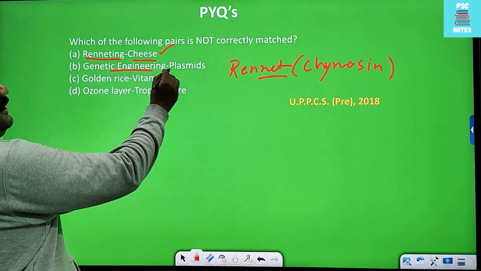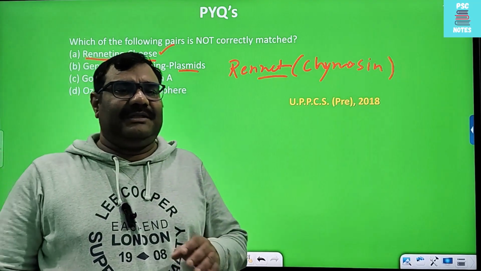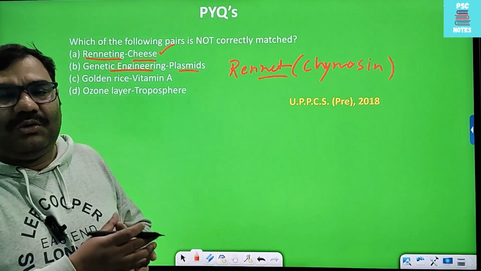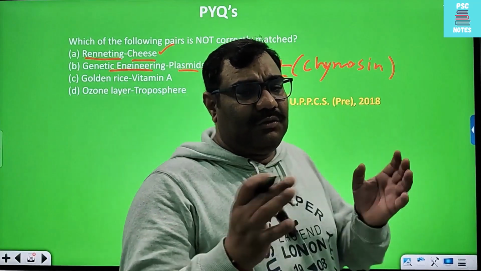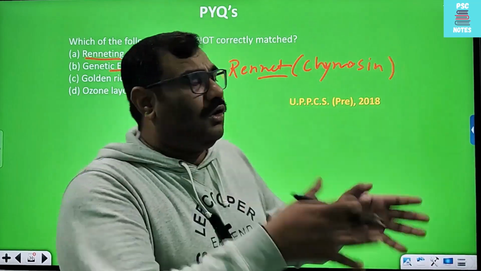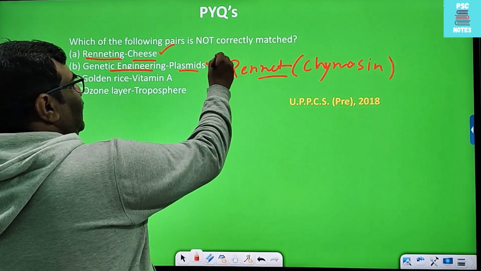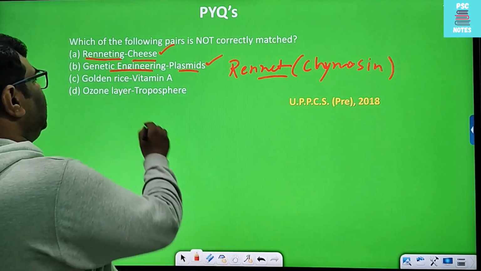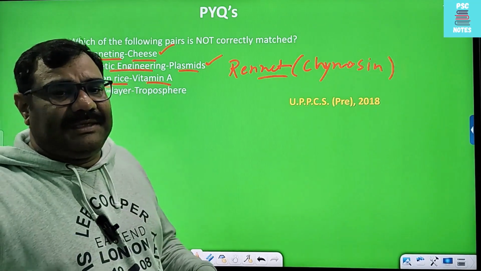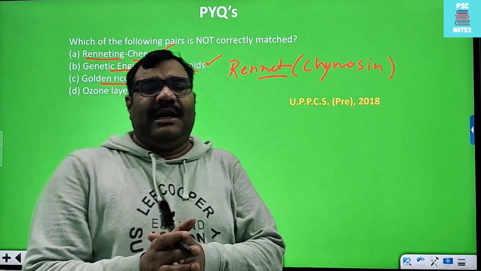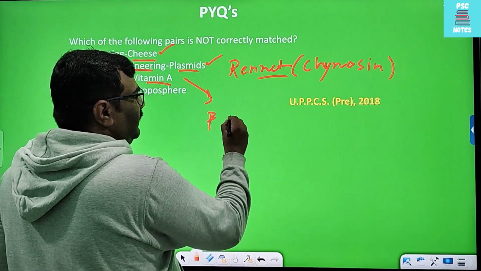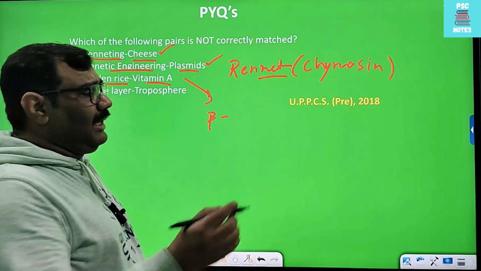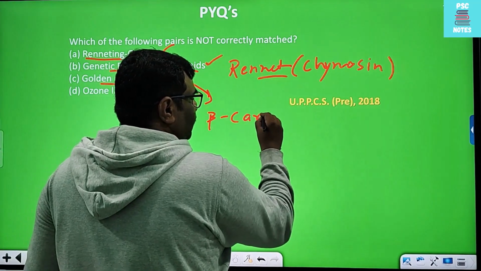Now genetic engineering, plasmid. Plasmids are small circular DNA molecules found in bacteria. They are used in genetic engineering to transfer genes into organisms. So this is also correct. Now golden rice is basically a genetically modified rice with beta-carotene.